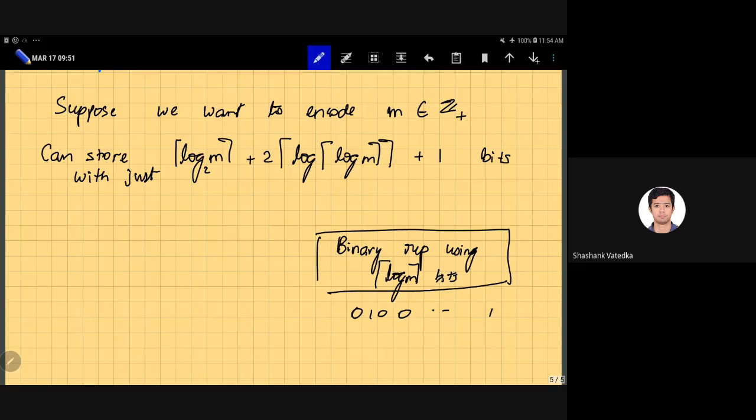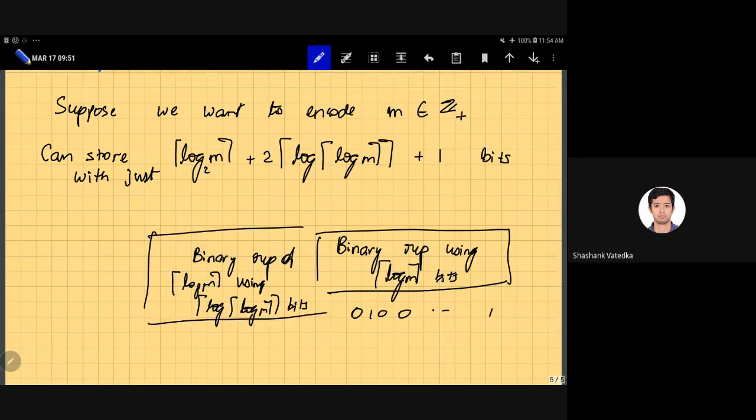So what you can do is store log m using log m bits. Okay, so you prefix that to this binary representation of m, something like 0 1 0 0 0 0 0 0.